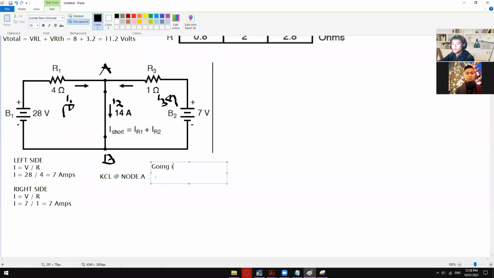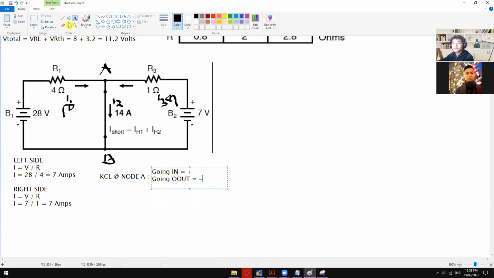Again, going in to a node is positive, and going out of a node is negative. Just remember that one when it comes to KCL.